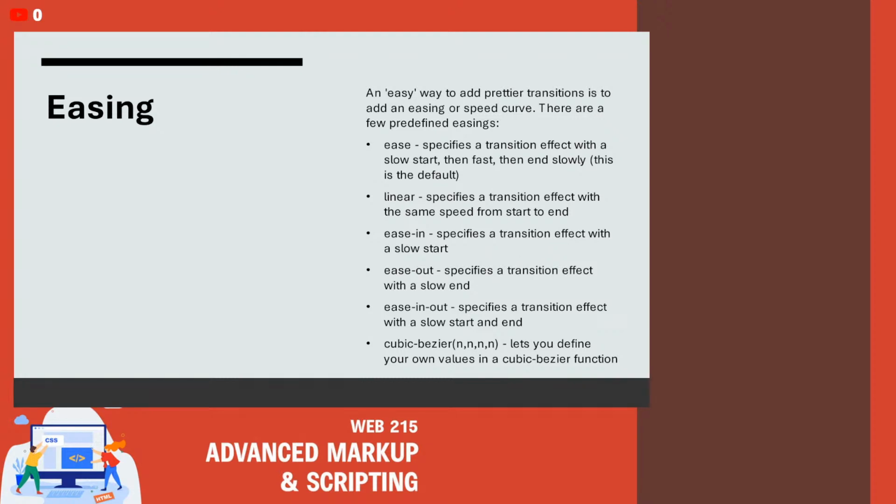It specifies a transition effect that's the same speed from start to end, which doesn't happen much. Ease in specifies a transition with a slow start. Ease out specifies a transition effect with a slower end. Ease in and out specifies a transition effect with a slow start and end that kind of speeds up in the middle.